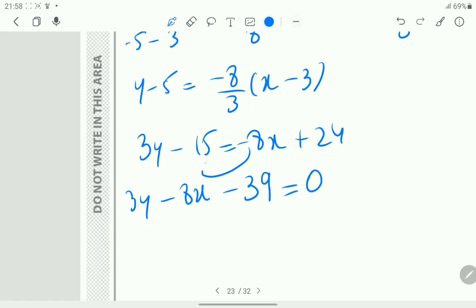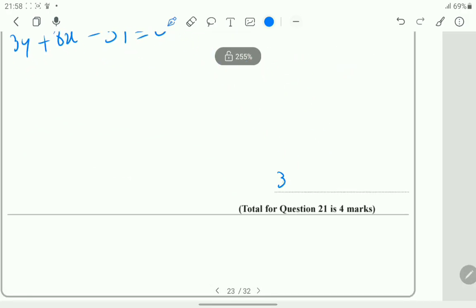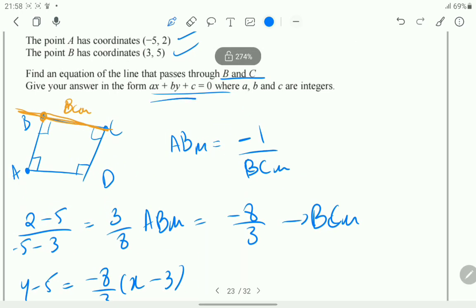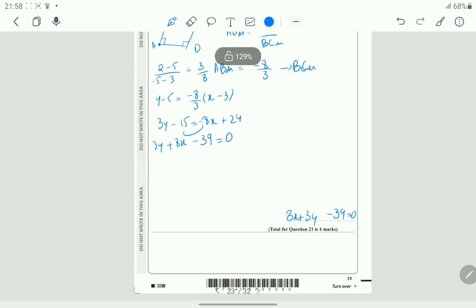Sorry, I made a mistake. Since this is coming here, it would be plus. So the final answer is 3y plus 8x minus 39 equals 0, but we do not satisfy the original form required. We need ax plus by, which would be 8x plus 3y, and all set.